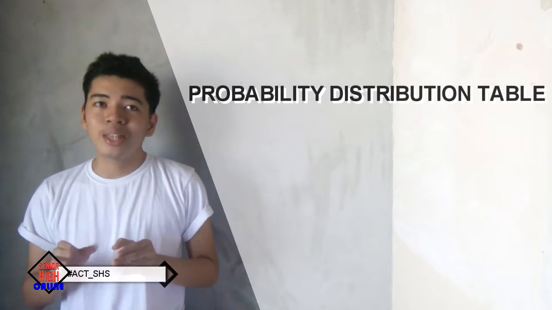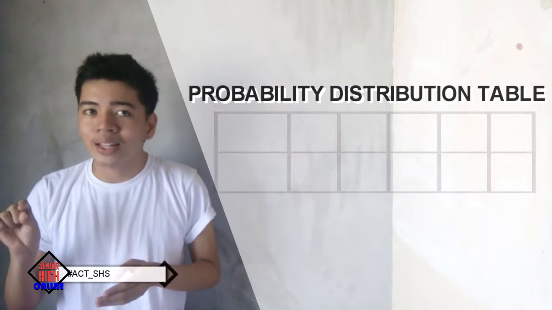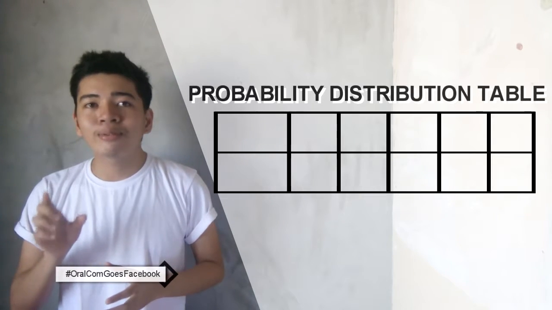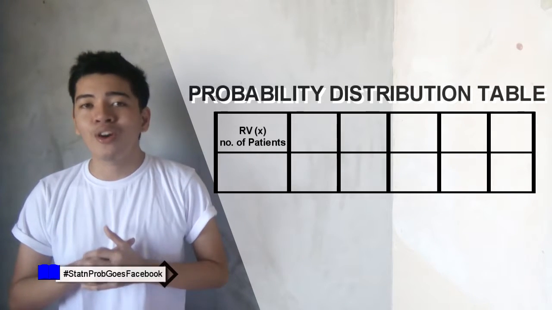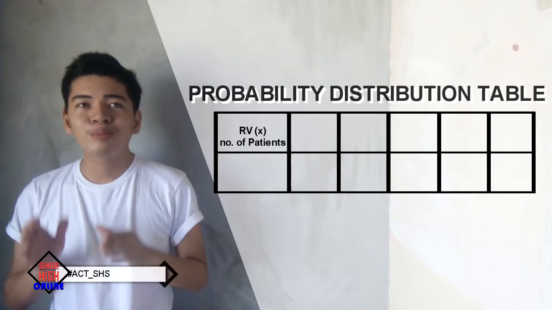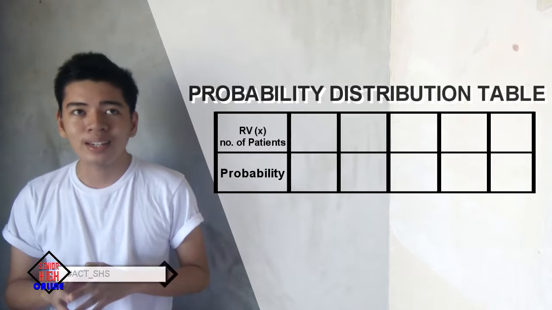So in making a table in probability distribution, it should be horizontally. 2 rows. The first row will be the random variable x, number of patients. Then the second row will be labeled as the probability.